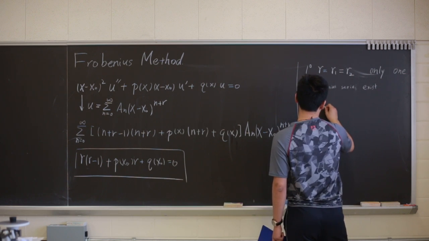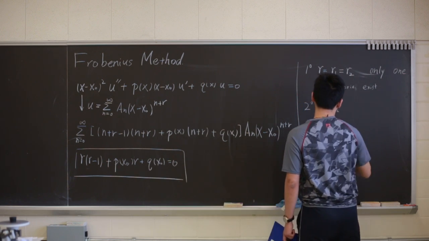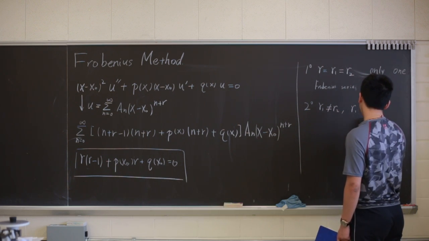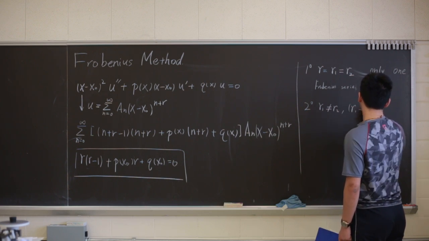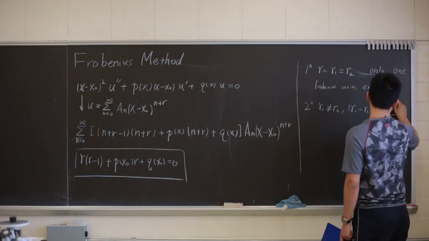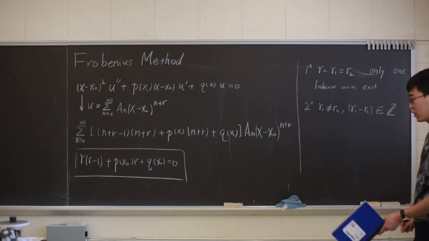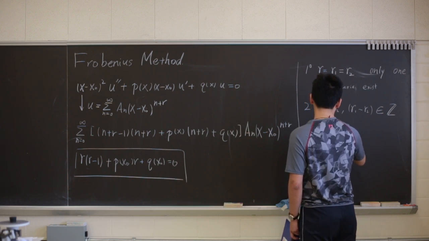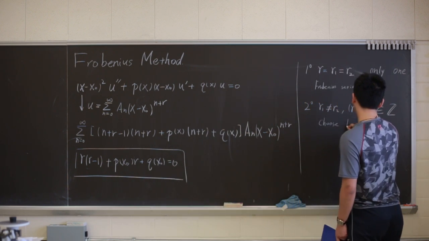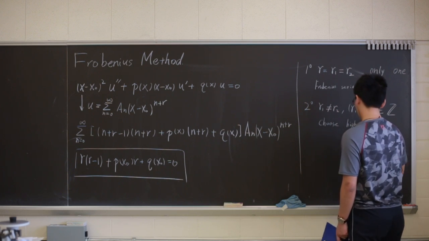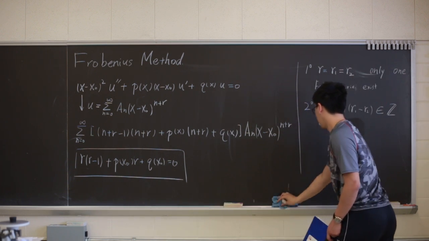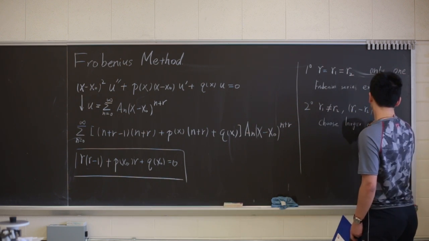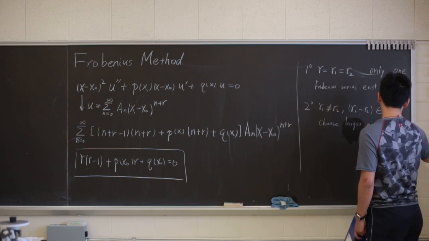And r1 does not equal to r2, but r1 minus r2 is integer. Then we choose the larger one as the only solution.